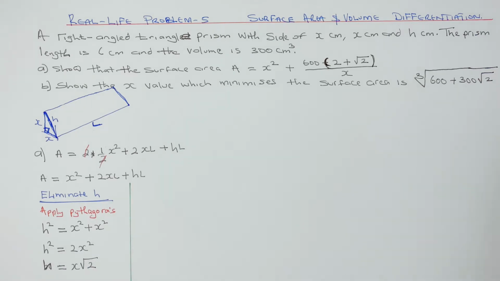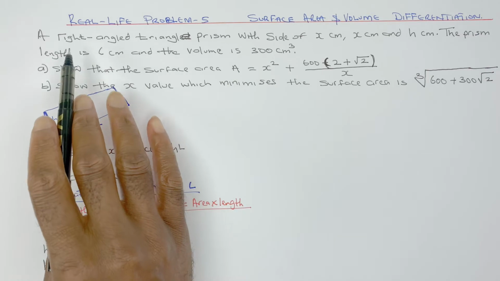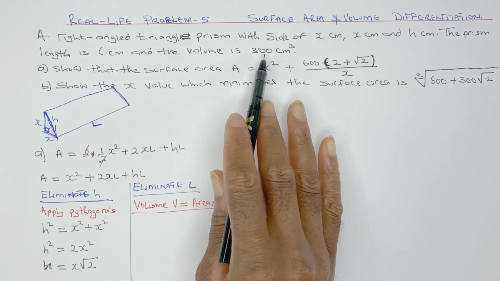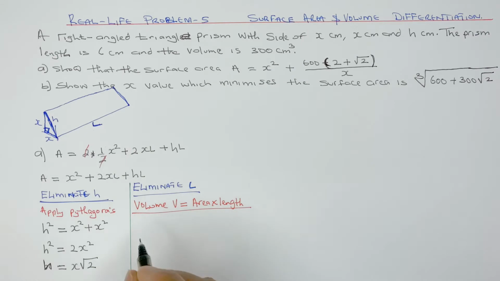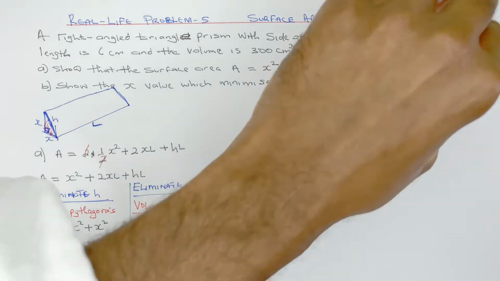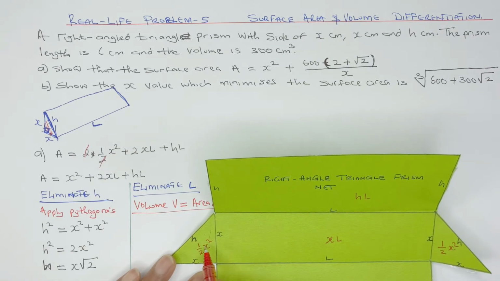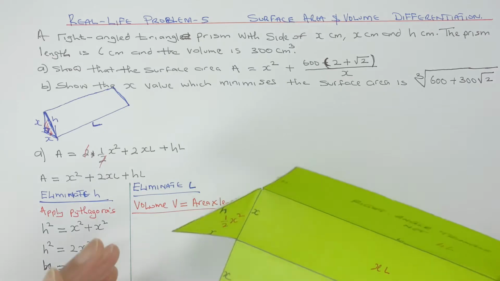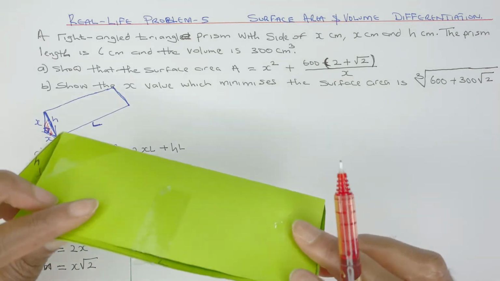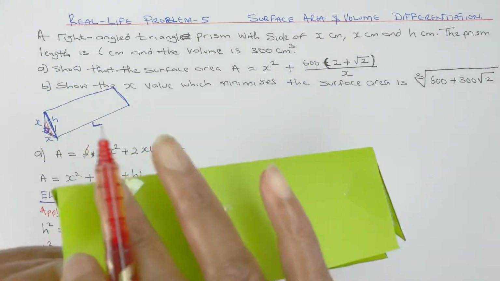The next thing to do is to eliminate L. We have to look at the volume, and the volume for the right angle triangle prism is 300 centimeters cubed. The volume is the cross-sectional area, which is this area here, times the length of the prism. You calculate that area and then multiply by the whole length of the prism.